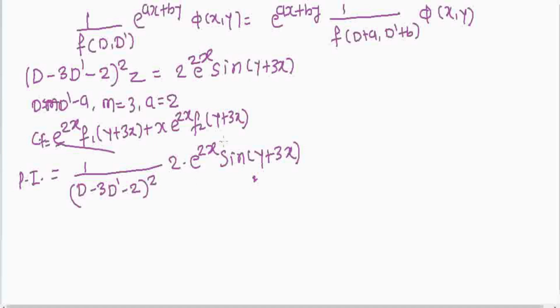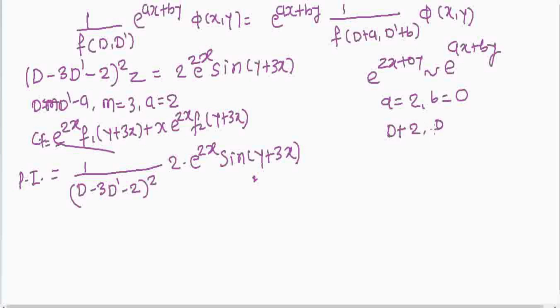Now here you can see e raised to 2x plus 0y. If we compare this with e raised to ax plus by, a is equal to 2 and b is equal to 0. When we move this term to the left of the operator, the operator becomes D plus 2 and D dash plus 0. As D dash plus 0 means no change, we do not write anything.